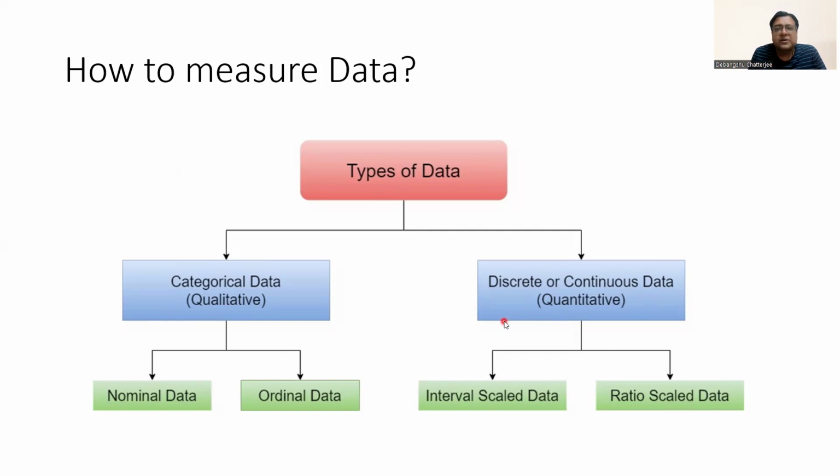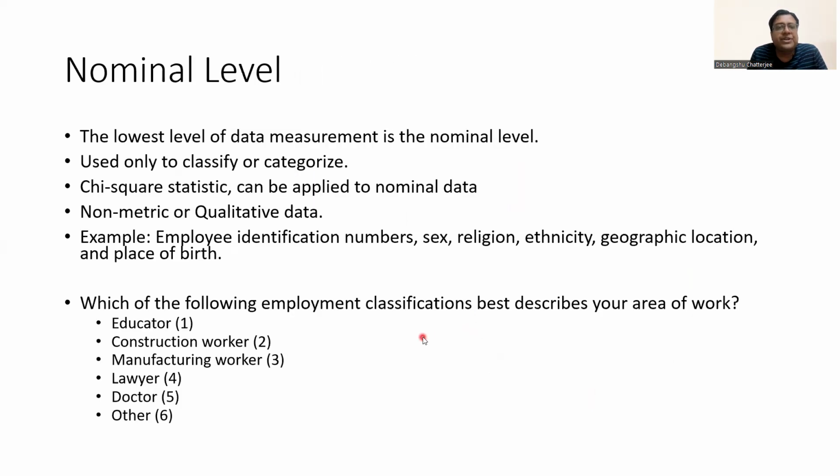So in this video, first, we will discuss the nominal level. Nominal level data, or simply you can call it nominal data. This is the lowest level of data measurement. The nominal level is used only to classify or categorize, like male, female, yes, no, 0, 1. Now here, chi-square statistics can be applied to nominal data.